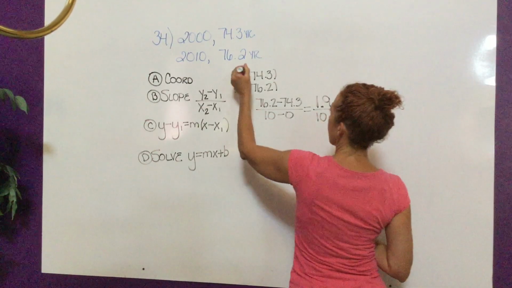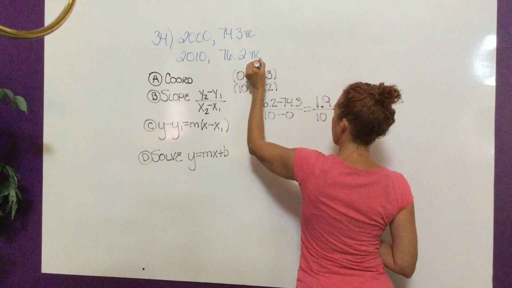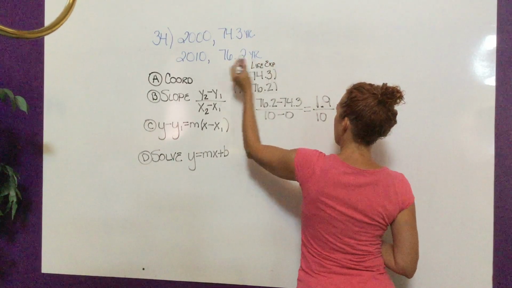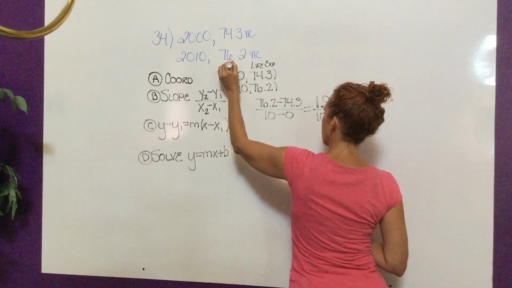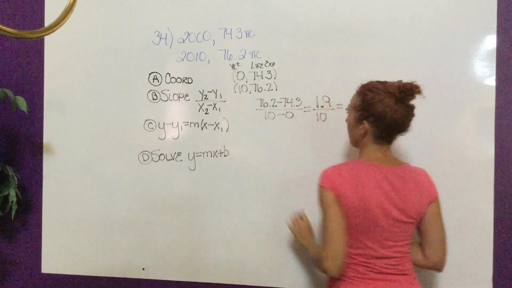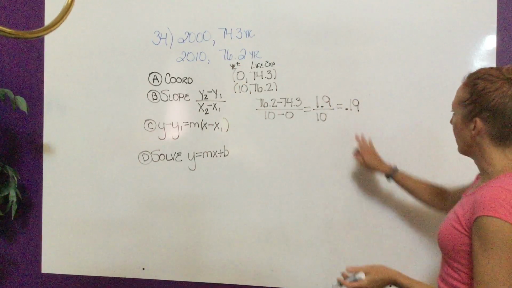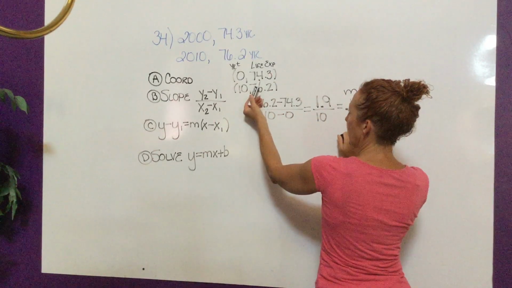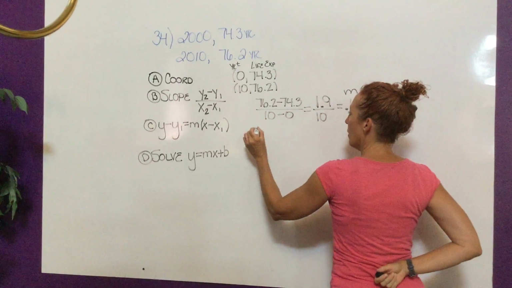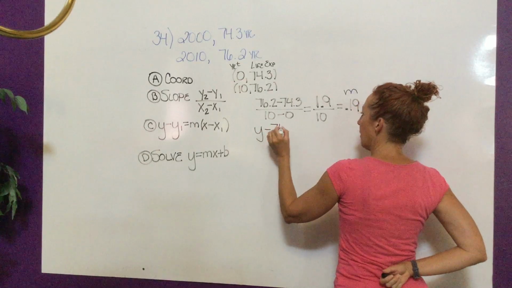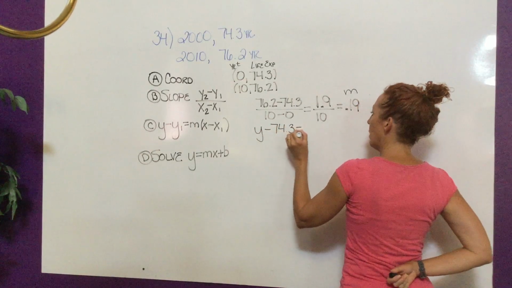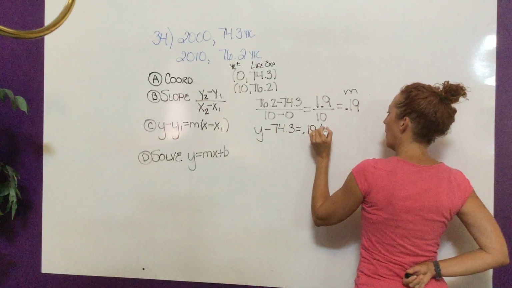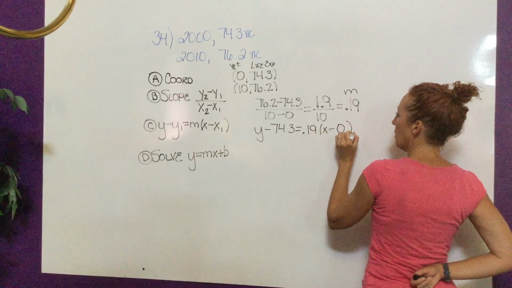All right, this is life expectancy and years, time in years. All right. Let's go ahead and use this as our m. I would use this as your x1, this is your y1. So y minus 74.3 is equal to 0.19x minus 0.